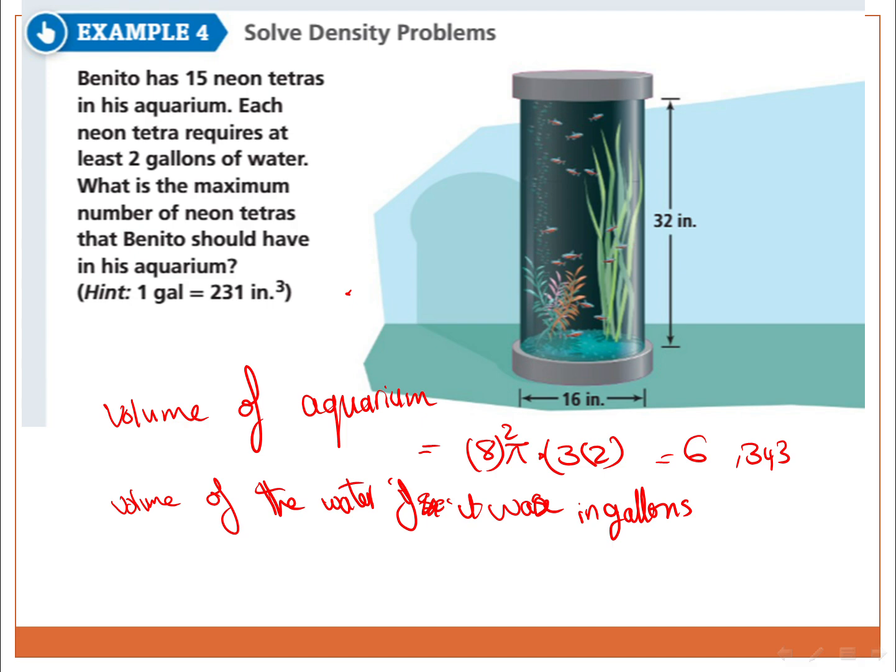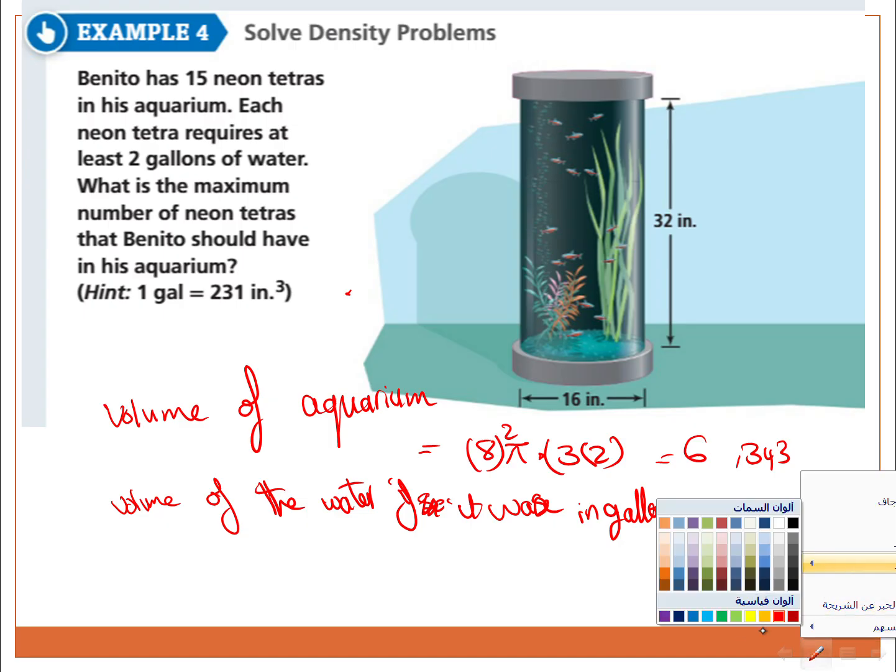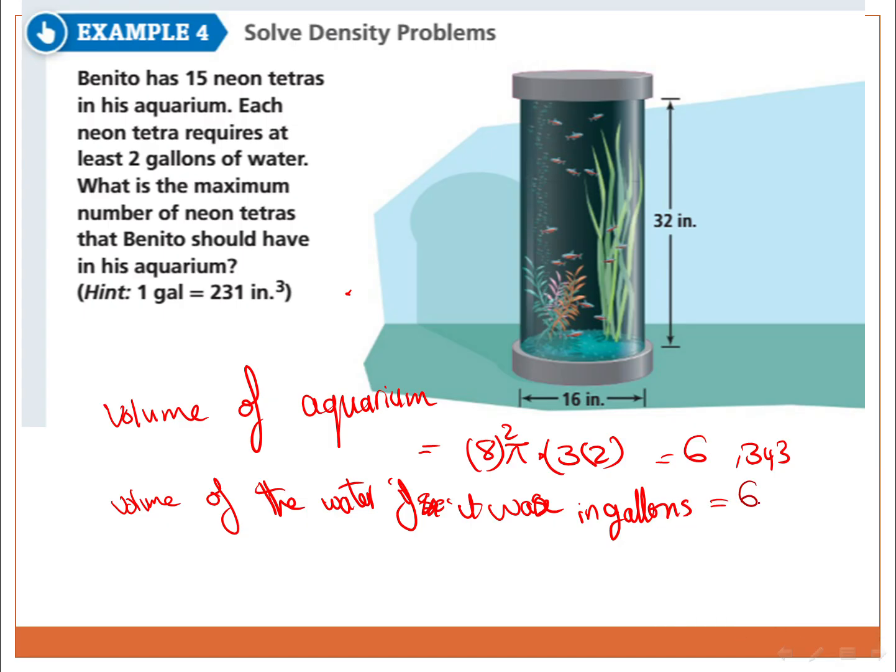Okay, so what will I do here? First of all, I will find the volume in gallons, sorry. So I will just use this one. 6,343 divided by 231.